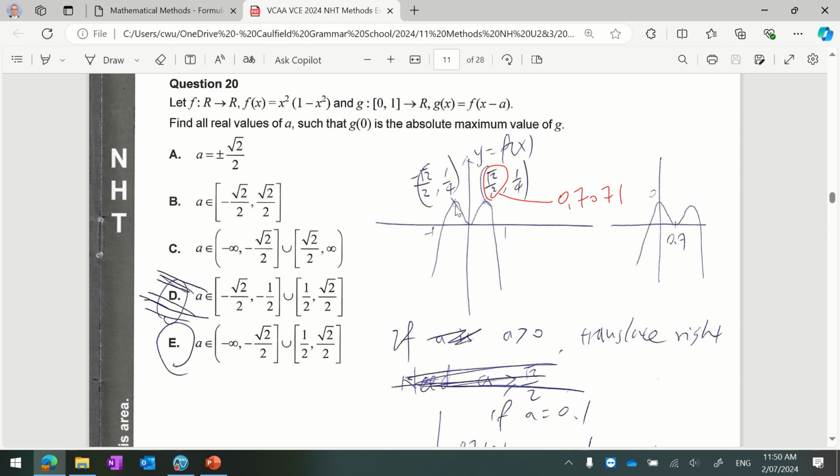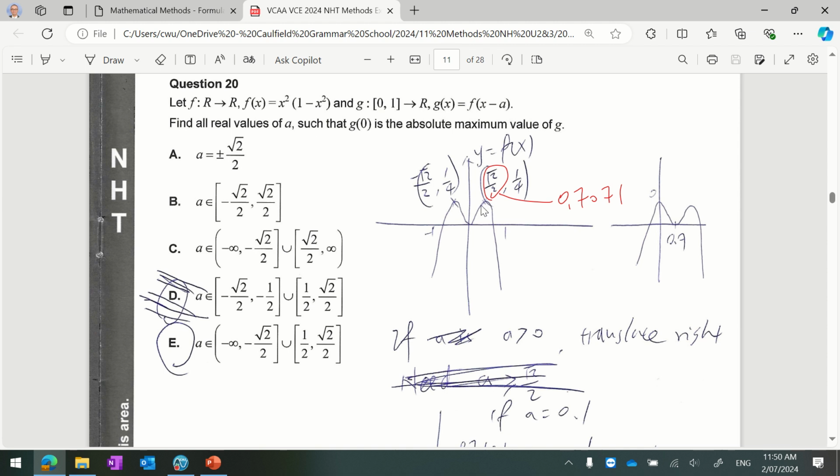Basically, this local maximum will never happen. We're doing negative a value now, right? So if it's negative a value, this local max will go to the left. It will never be in our window, the 0, 1 domain. So it's this local max that's doing the trick.